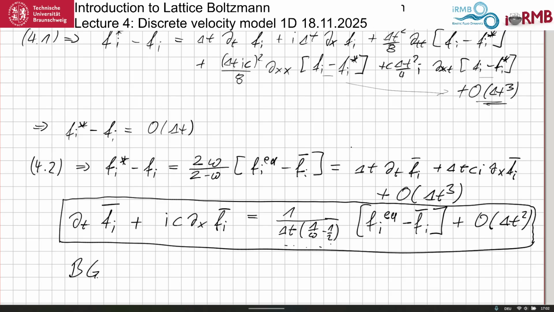Now this is the BGK equation. Once we accept that we can write tau as 1 over omega minus 1/2 delta t. So this modification also comes from the Strang splitting. Yeah?